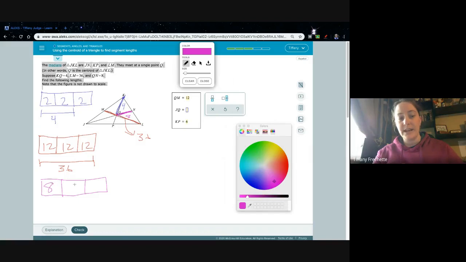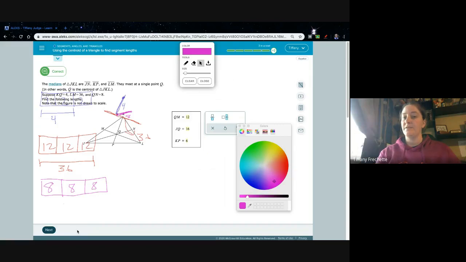If 1/3 is 8, then each one is worth 8. And what they want to know is JQ, which is this portion here. That's the longer portion. It's worth 2 of them. So I just add 2 of them together, and I get 16. And check. All right, we finished another one.